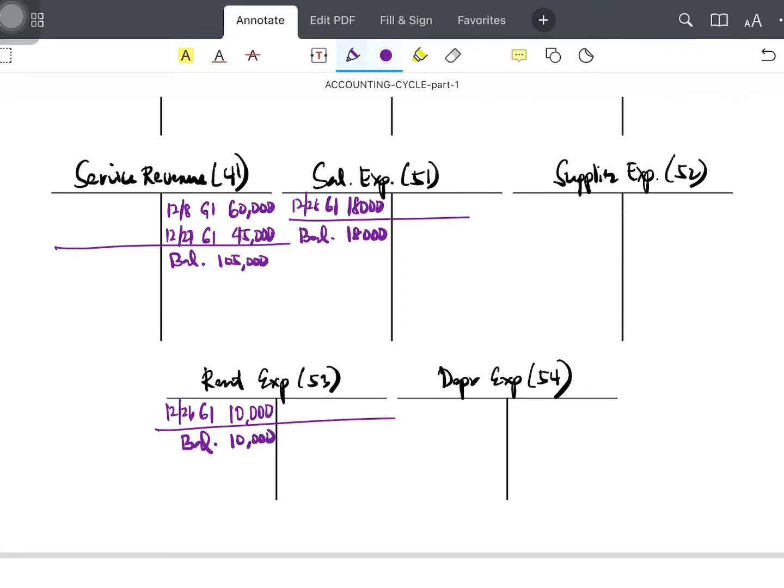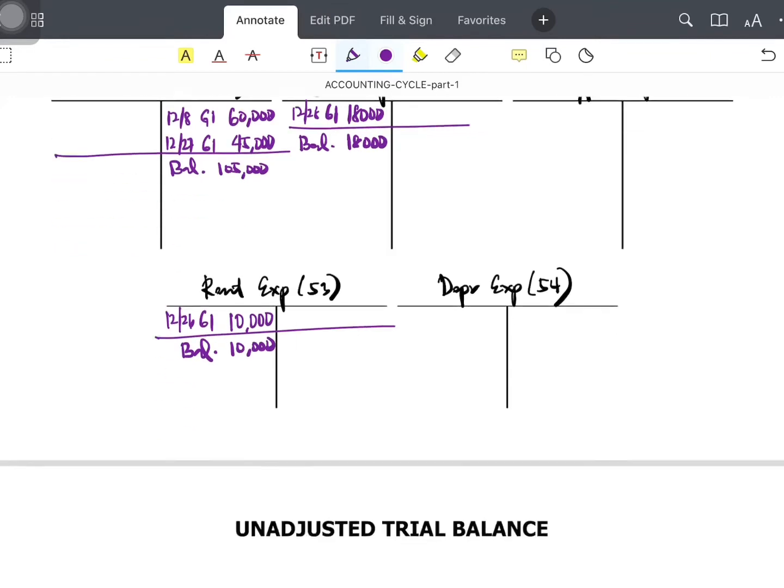Once we're done with the balances, we can now prepare our trial balance. So let's prepare it here.